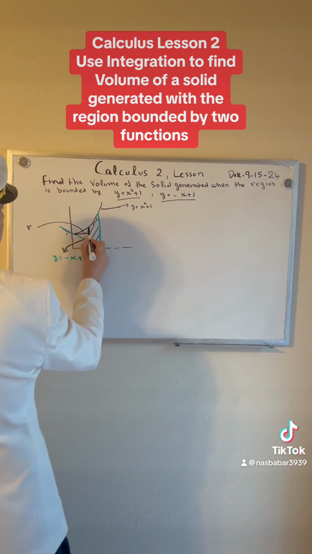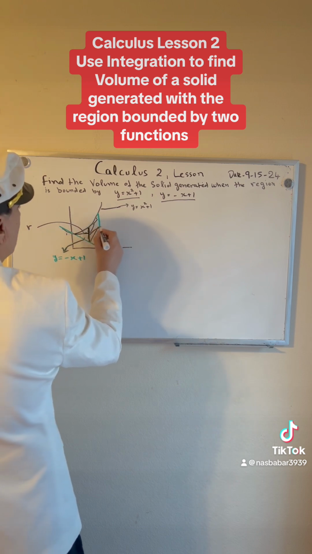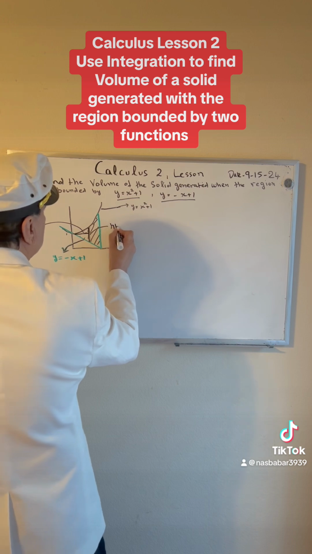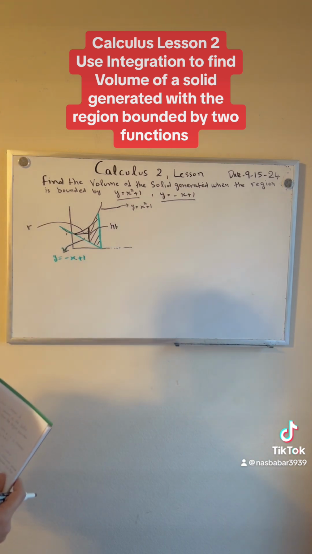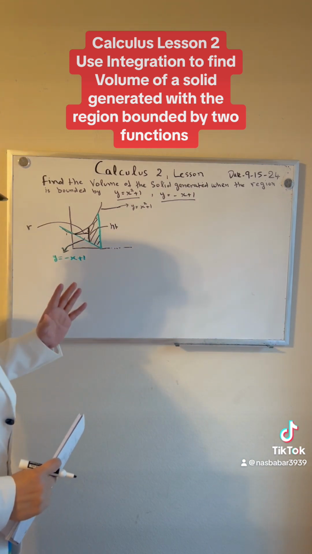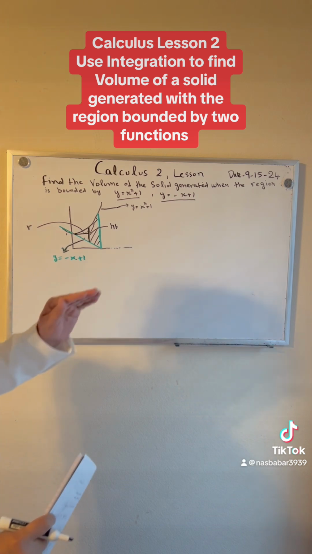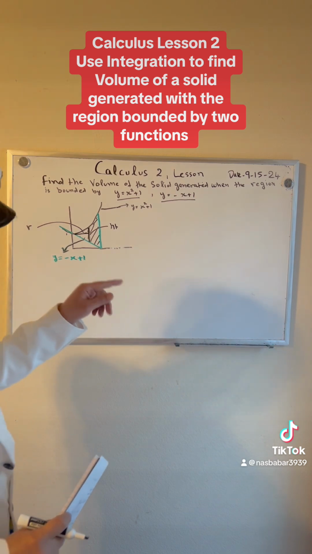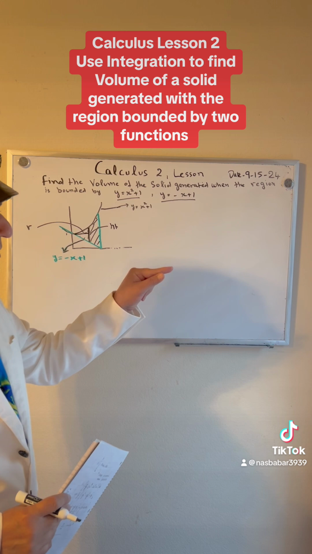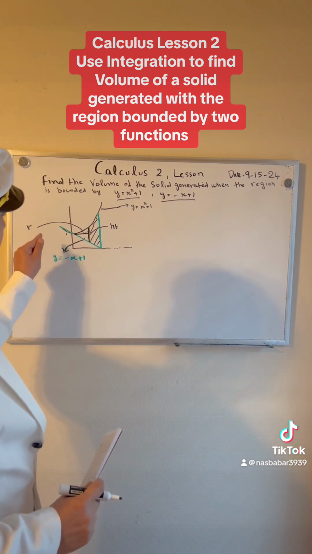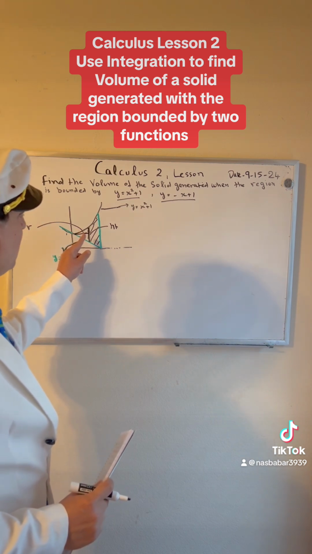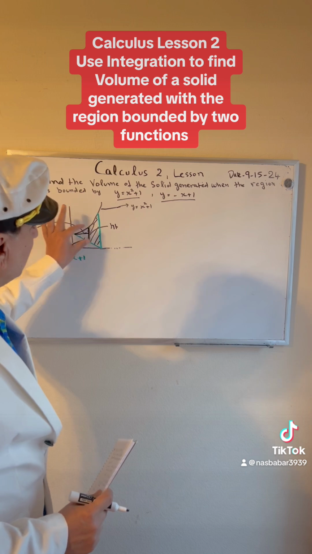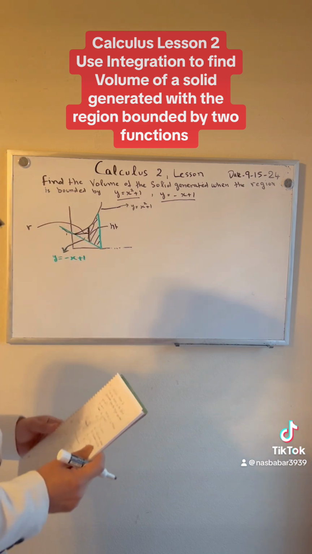And this straight line right here is the height. Conceptually keep that in mind: what you have is a series of small circles. Radius, we're saying R, and the height of that is basically HT.